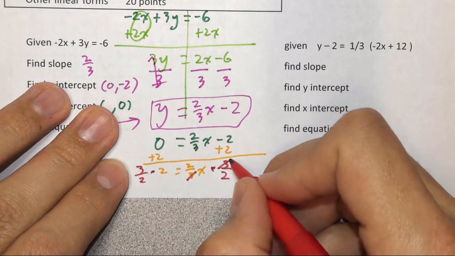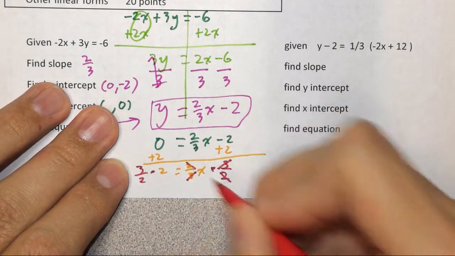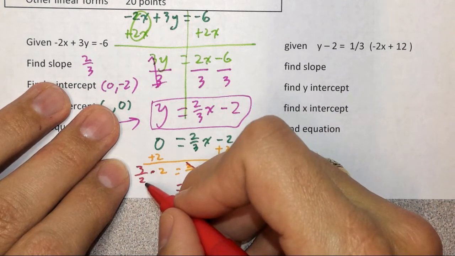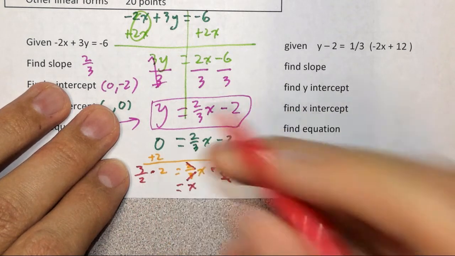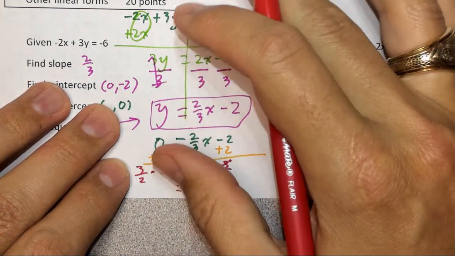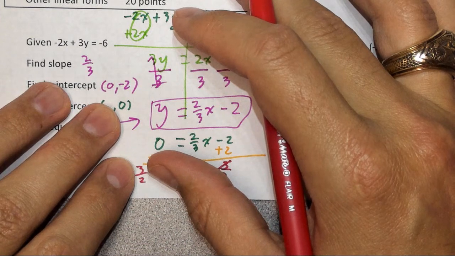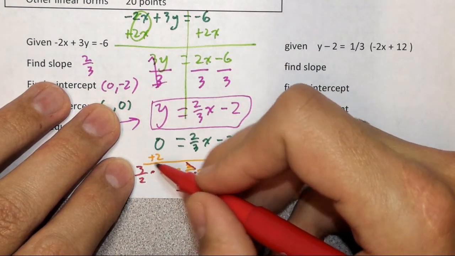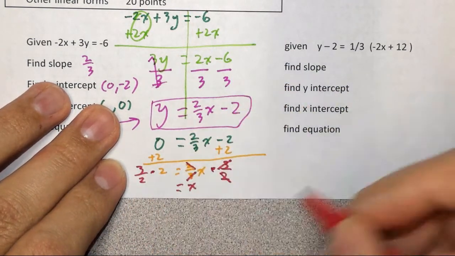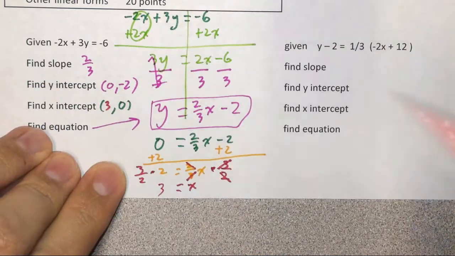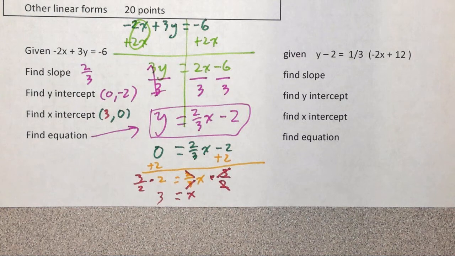Now the 3's cancel here, the 2's cancel there, and we're left with the x. 3 halves times 2, we can do it in the calculator. Plug in the calculator, do alpha y equals. Works out better if you do the alpha y equals for this part, and then multiply it by 2. Or you can just see that this is 6 divided by 2, which is 3. So that needs to be a 3 right there.